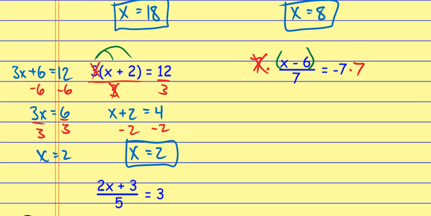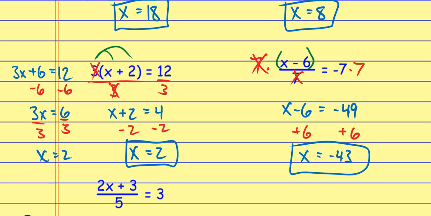So once again, the times 7 and divided by 7 cancel each other out. Over here, that gives me a negative 49. And now I can undo what was in the parentheses. It happens to be subtraction, which I undo with a little bit of addition. Okay? That's it.